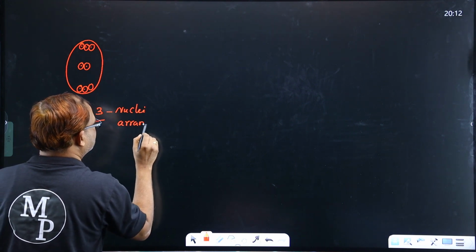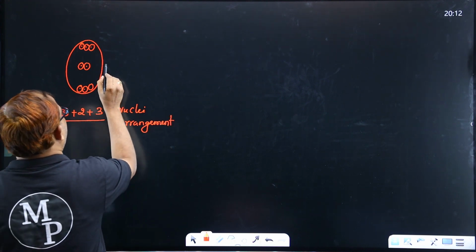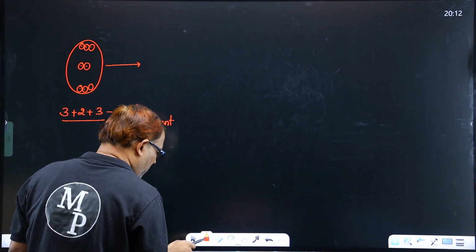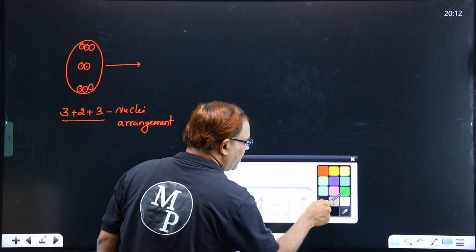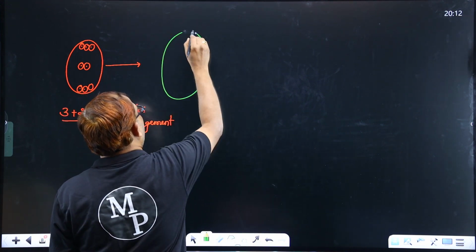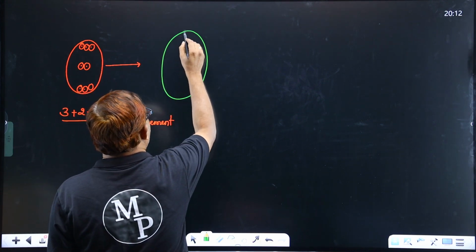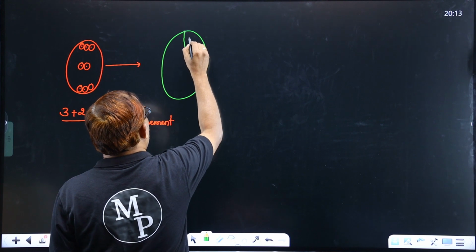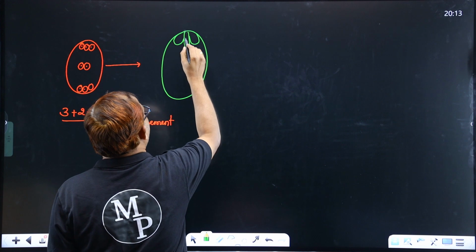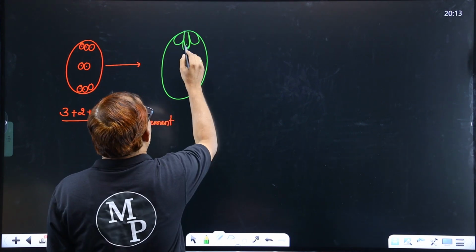After that, these nuclei lay down cell walls and are organized into cells. This is one cell, and this is another cell.